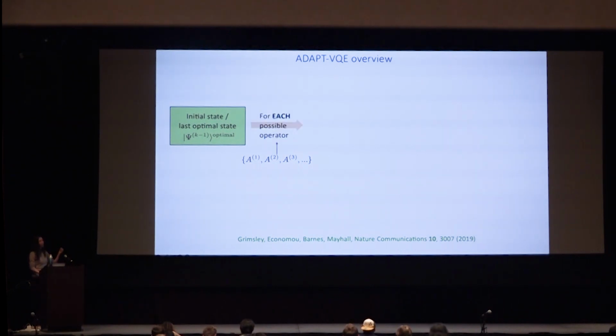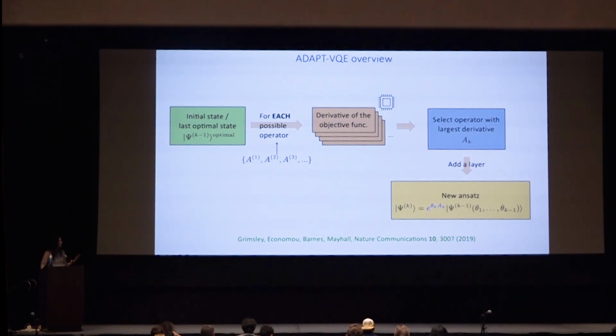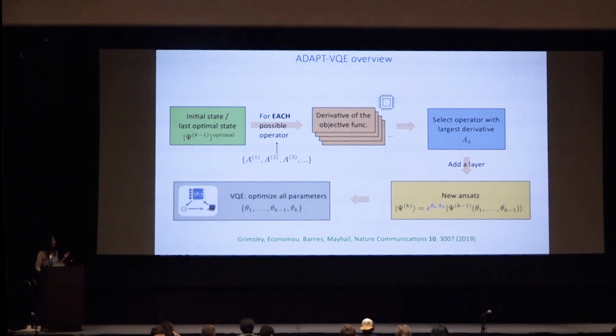You take each of the operators in your pool, and you test this gradient, the derivative of the objective function, for each of them. And then you select the one which has the largest gradient or derivative. You add that onto your ansatz. So now you have a new ansatz at the kth iteration, and you re-optimize all the parameters. Okay. And then you keep going.